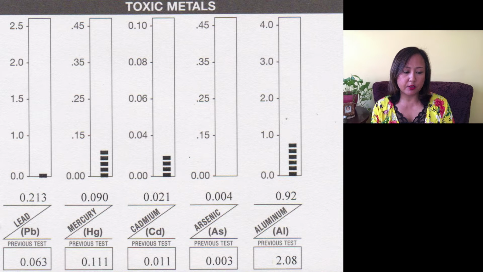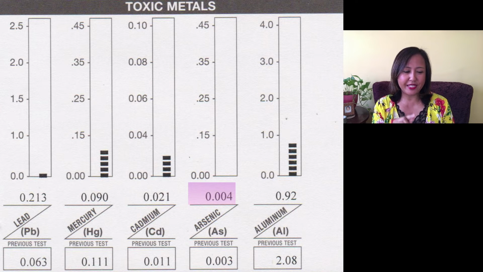And look at the cadmium levels as well. It was initially 0.011, and then you think that, oh, it went up a little bit to 0.021, but that's all right. And so is the arsenic. I want you to pay attention to the arsenic, because initially the test was 0.003, and then it so-called went up to 0.004.